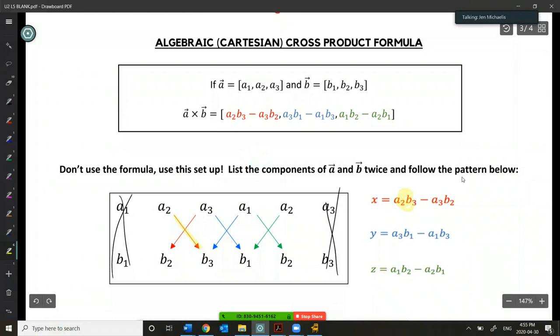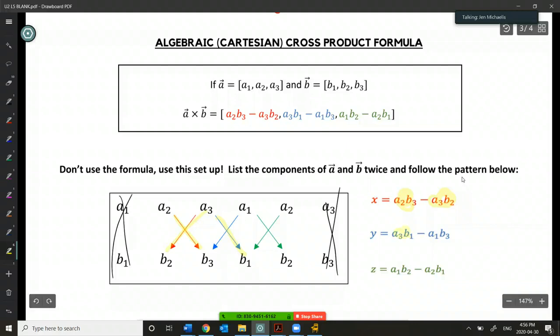And that's actually going to give us the first piece of x. And then we subtract the top right to bottom left product. And that's going to give us the second part of the x component of the cross product. So you're always going top left to bottom right, do the product between those, and then subtract the top right to the bottom left.